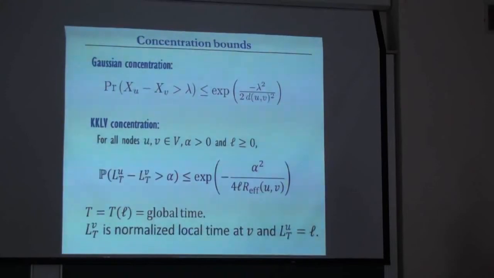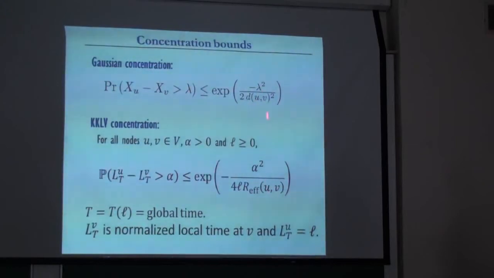So the number of visits is an indicator times a geometric variable. Very simple distribution. And we just have a sum of IID variables with this very simple distribution. So just the simplest large deviation bound will work here. You just apply Laplace transforms. And when you do that, you get this bound in KKLW for this difference of local times.